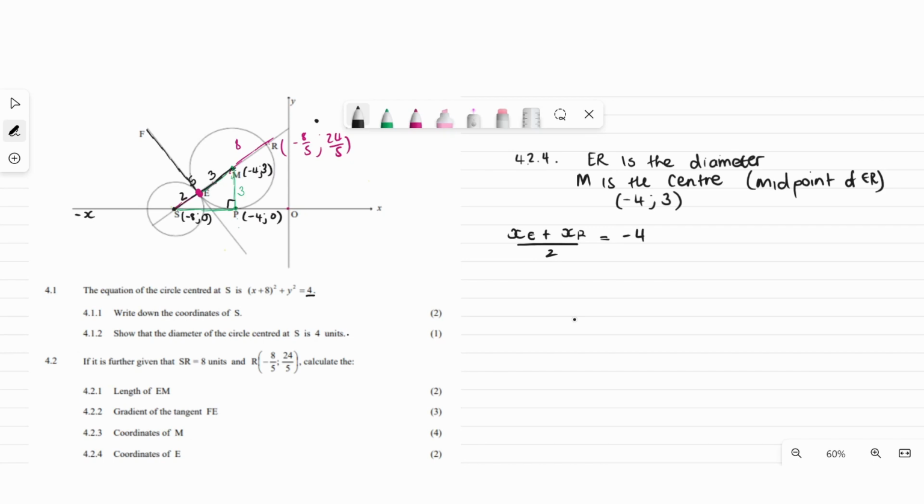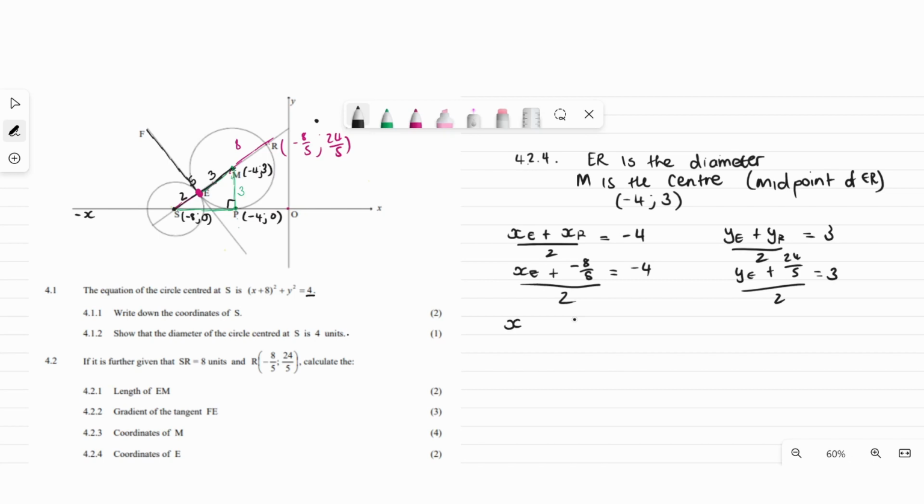And here YE plus YR divided by 2 is equal to the y coordinate of the center M, which is 3. Then what's XE? That's the one we want. Plus XR, which in our case is negative 8, divided by 2 is equal to negative 4. Then here YE plus 24 divided by 2 is equal to 3. Multiply by 2 on both sides to get rid of the denominator.